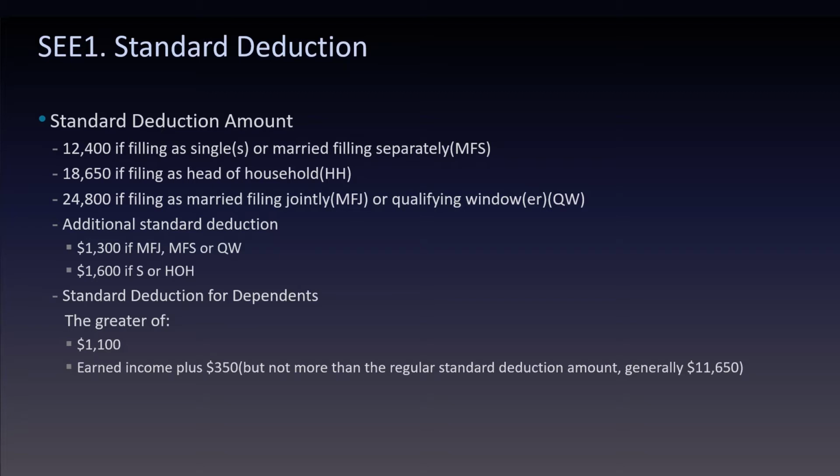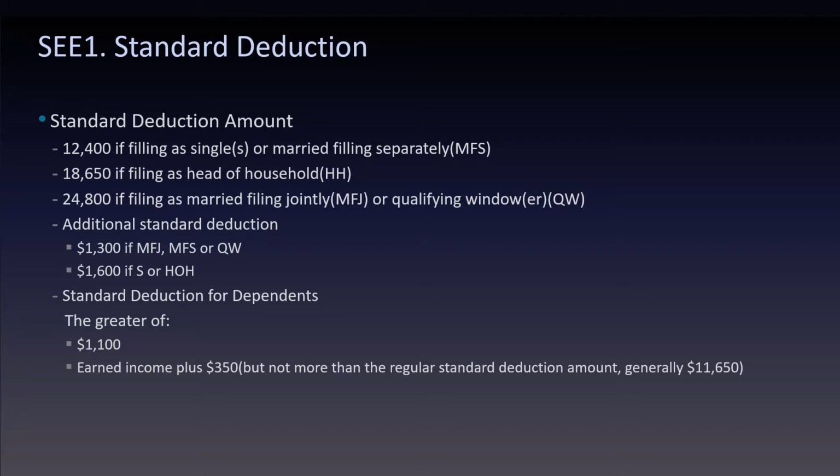You have the option of claiming the standard deduction or itemized deductions, which we are going to study later after this standard deduction. However, you can never claim both in the same year. You will find that many states that impose an income tax also allow you to claim a similar type of deduction on your state income tax return.